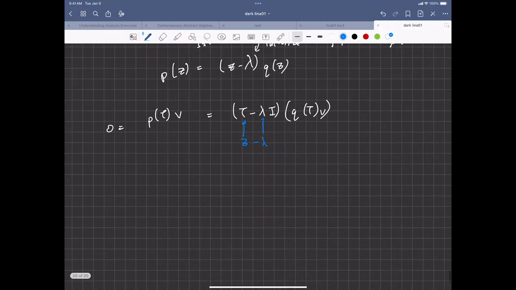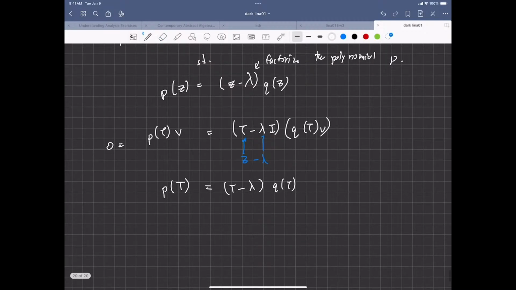So to clean up the notation slightly, if we ignore the V for now, P of T is simply T minus lambda, and Q of T, which is exactly what we're matching up.